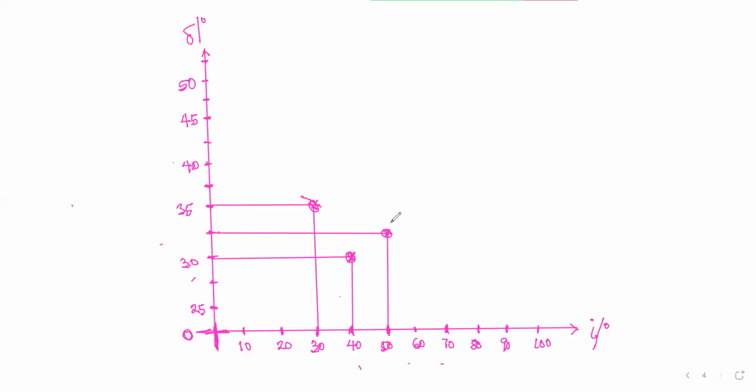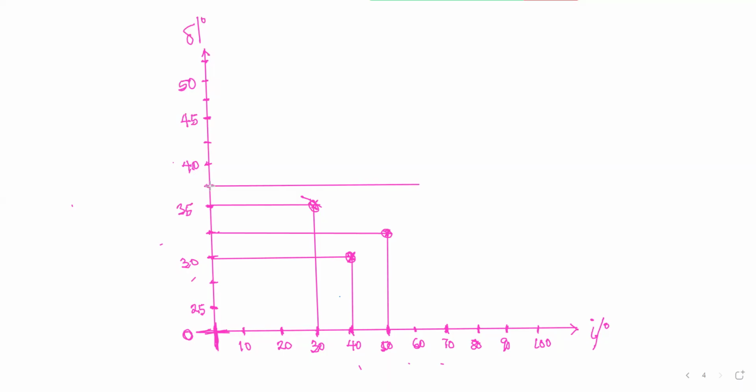When deviation is 37, angle of incidence is 60. So 37 will be somewhere here.